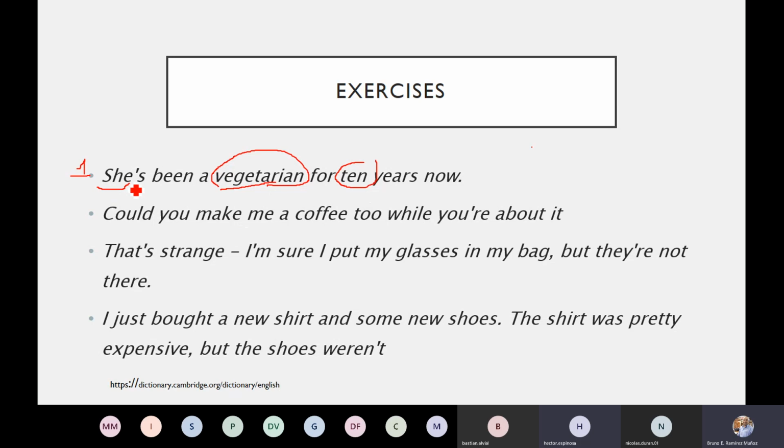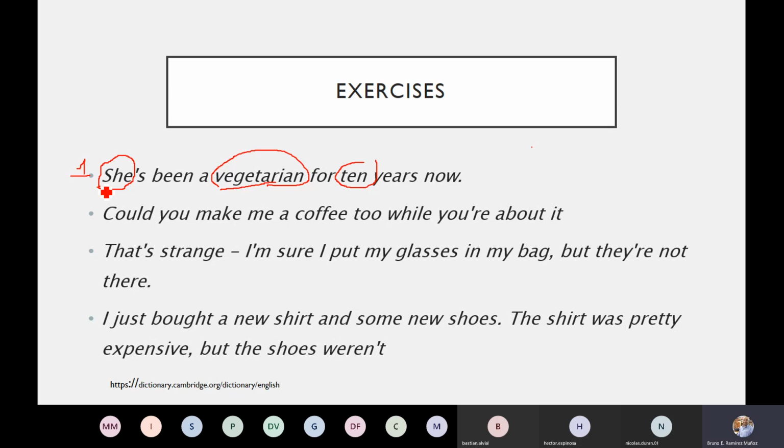In general, we don't use the strong form for pronouns unless we are emphasizing, right? For example, she's been a vegetarian for 10 years, not he, or not them.